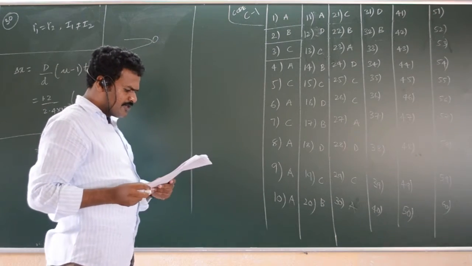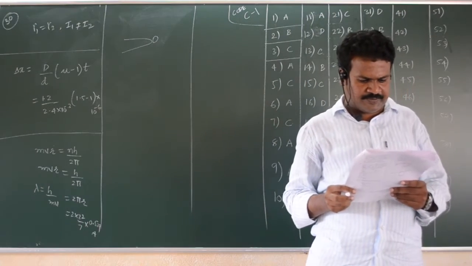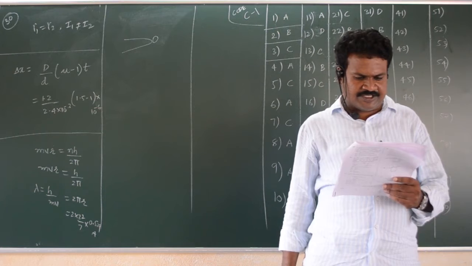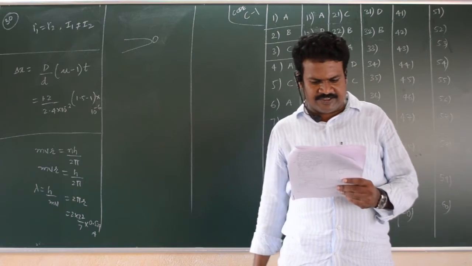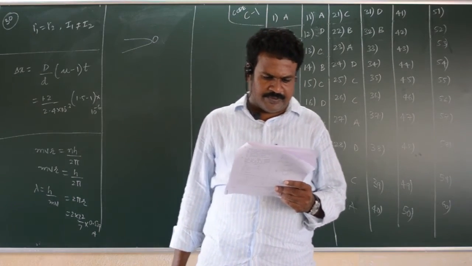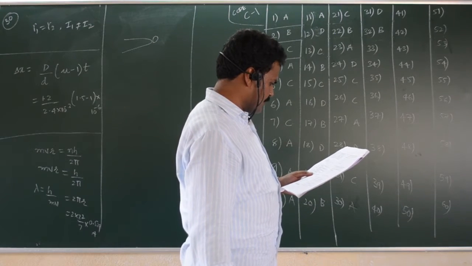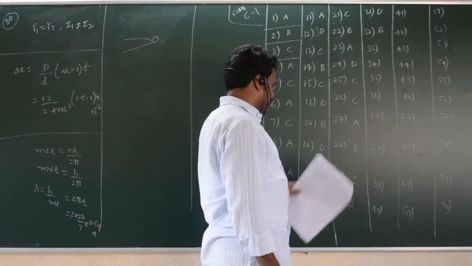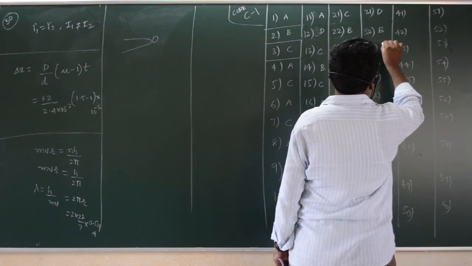So reflected back are B dash, and B dash is always minimum. A dash will be maximum, and C dash in between. So you can take answer A. This is 33, you can take it as A.